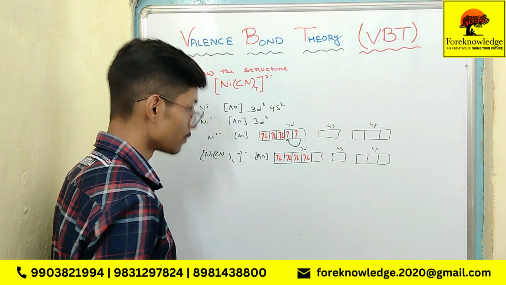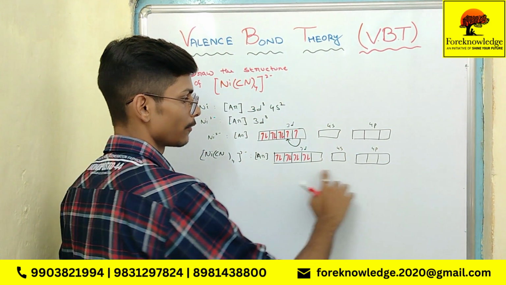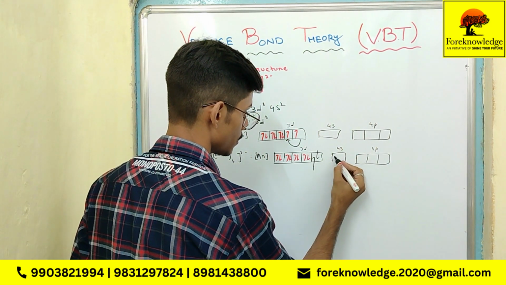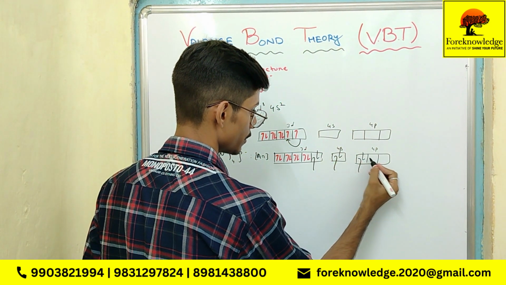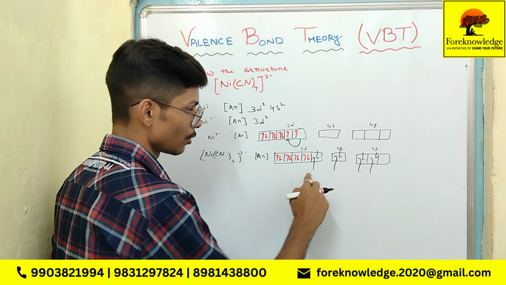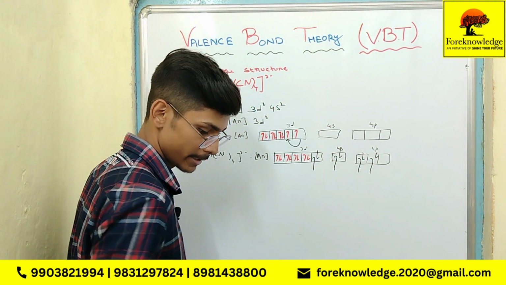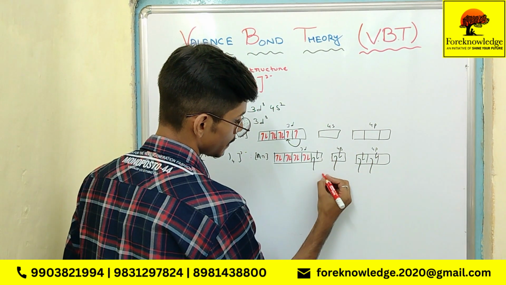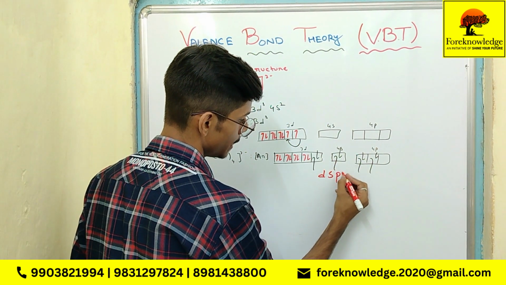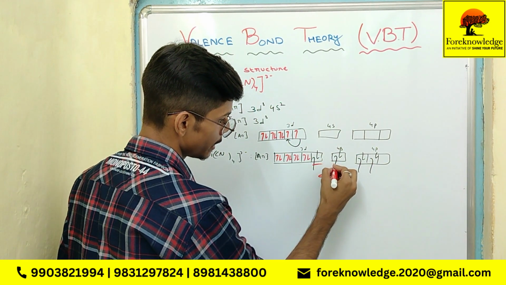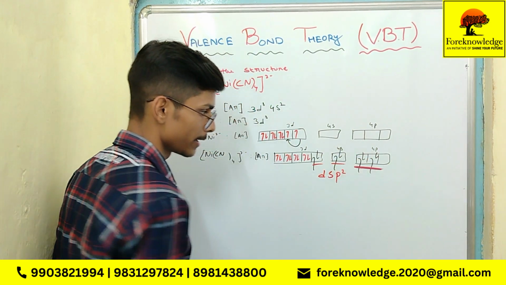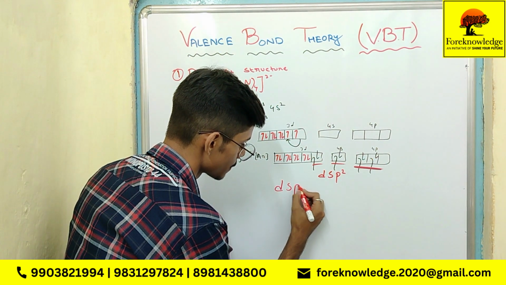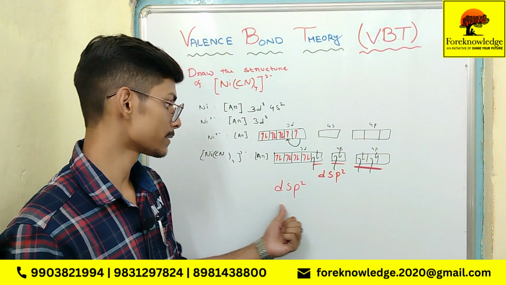Okay, now CN4. So you need 4 shells. 1, 2, 3, 4. So what is its hybridization? It is dsp2. Okay, so its hybridization is dsp2.